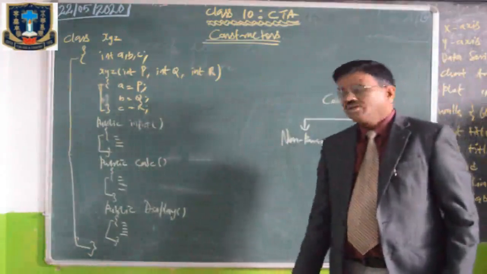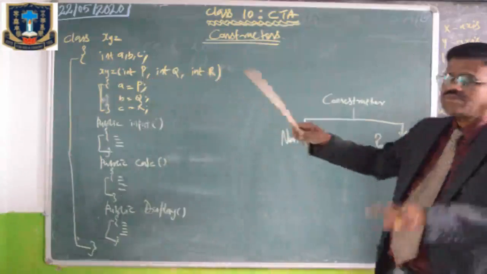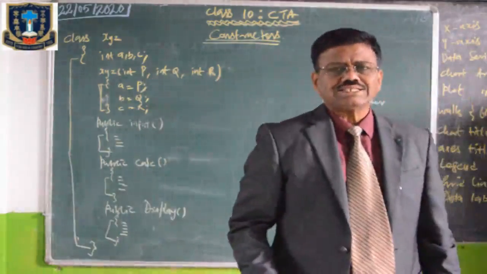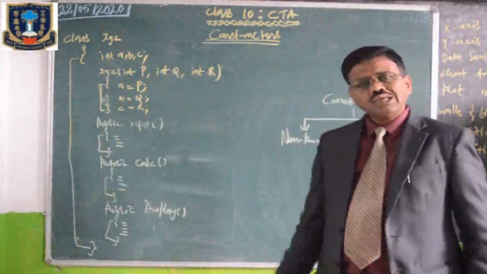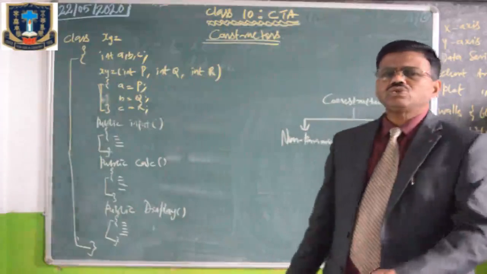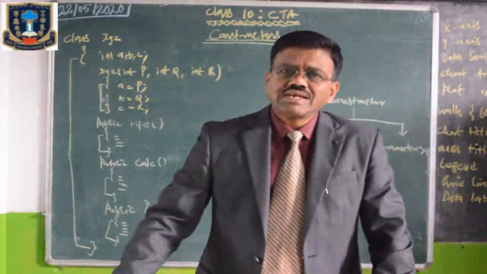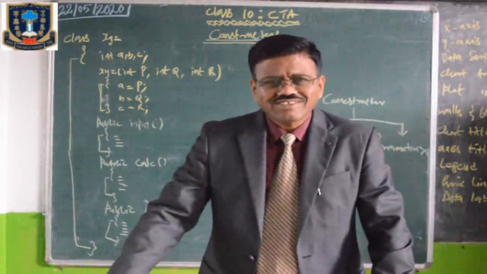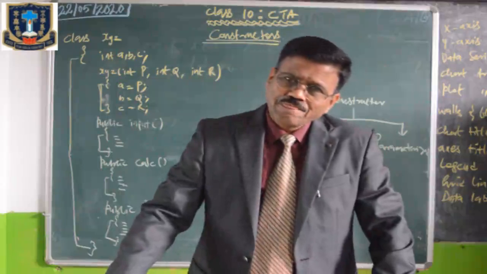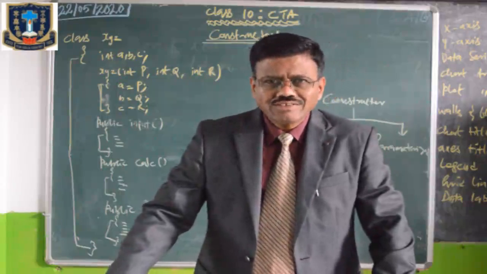Is this clear? So, if you have parameters within the parenthesis of a method whose name is the same as your class, that is known as a parameterized constructor. Is this clear?